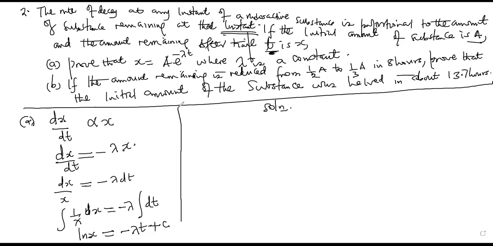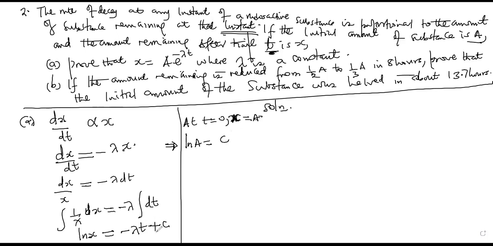But remember, they told us that the initial amount is A, so meaning that at time t equals 0, x is equal to A. At time equals 0, the amount was A, so x equals A. Substitute in here and see how you would do. So it would imply that ln A is equal to, the whole of this is 0, so ln A is c.